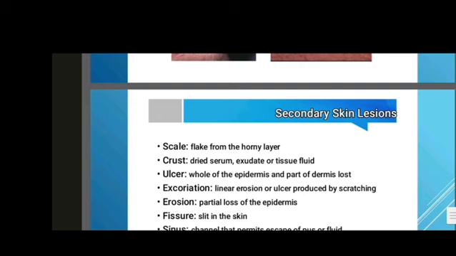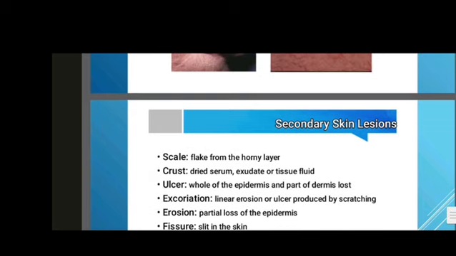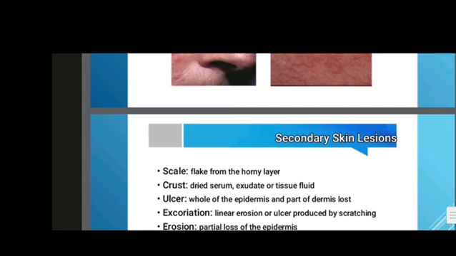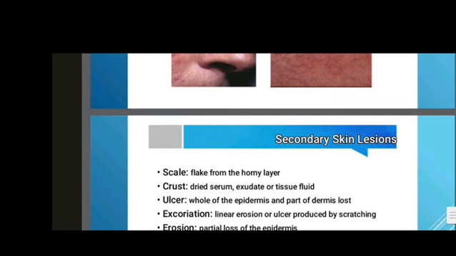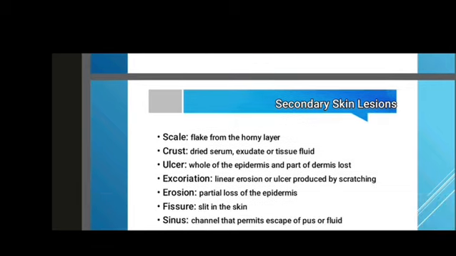Now, secondary skin lesions. As I defined before, a secondary skin lesion is any modification to the primary skin lesion. Here we have important dermatological terms other than the primary skin lesions.